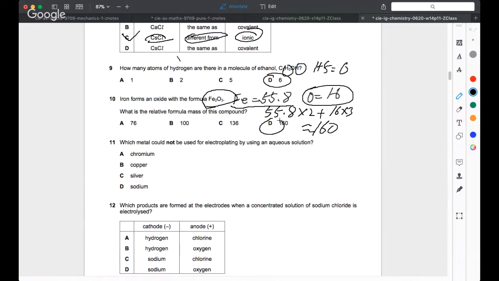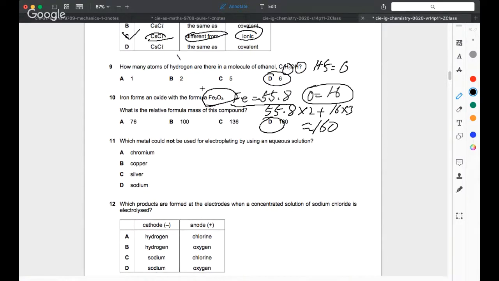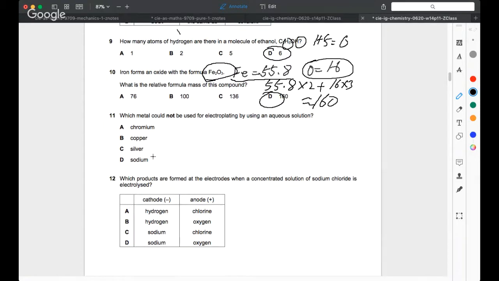So the right answer is D. Number 11, so it should be sodium because it reacts with water, so it can't be used in an aqueous solution because aqueous solution has water, so sodium would react.